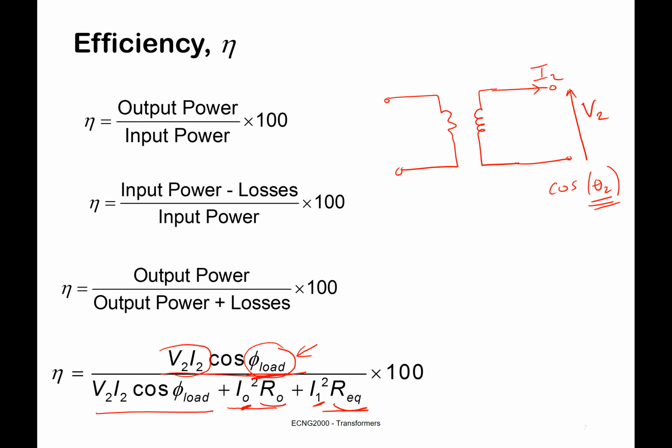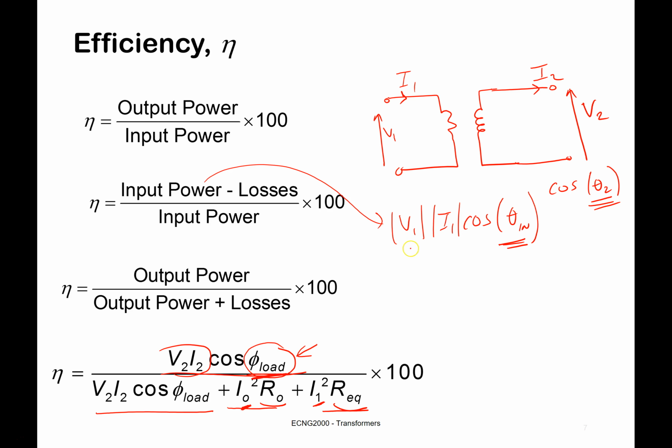So we could also write it, if we wanted to do it in terms of input power, and I had V1, I1, I could say the input power is V1, I1 cosine theta in, and that would be the power factor at the input. So this is also something to be wary of.